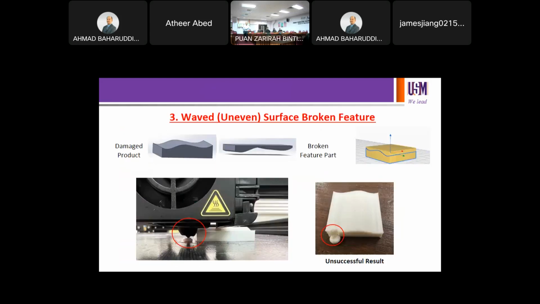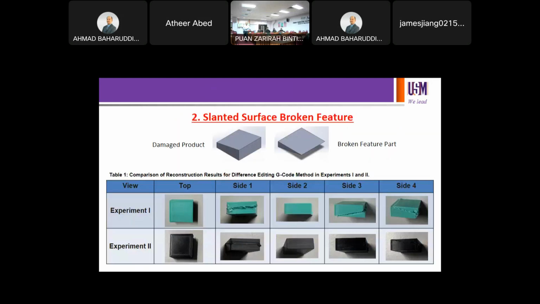experiment one, like this one, this is a standard, very simple problem feature, right? But the nozzle of the 3D printer will also crash with the damaged product due to the layer problem.